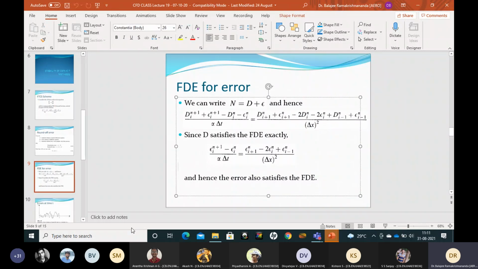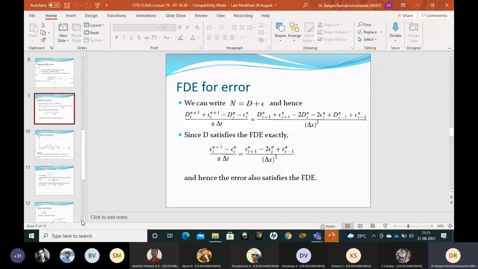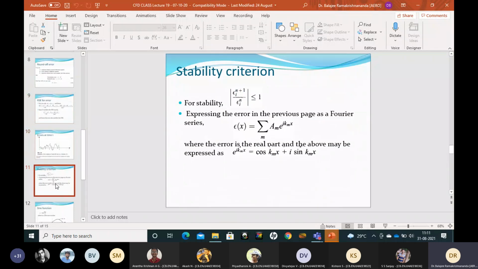Now it's time to analyze whether this is stable or not. But before that, we looked at the stability criterion. For stability, the error should decrease with time, which means the modulus of the error at the n plus 1 time step divided by the modulus of the error at the nth time step should be less than or equal to 1.